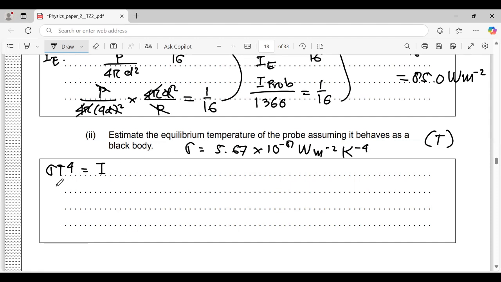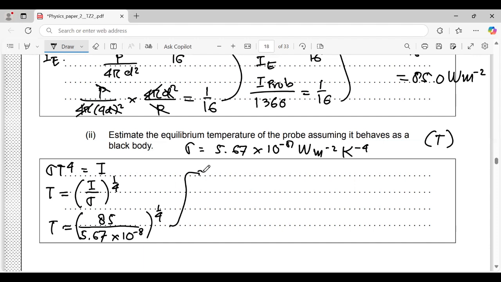Let me continue with these calculations. If we are going to find T, it means T equals (I over sigma) to the power 1 over 4. I is 85 over 5.67 times 10 to the power minus 8, all to the power 1 over 4.